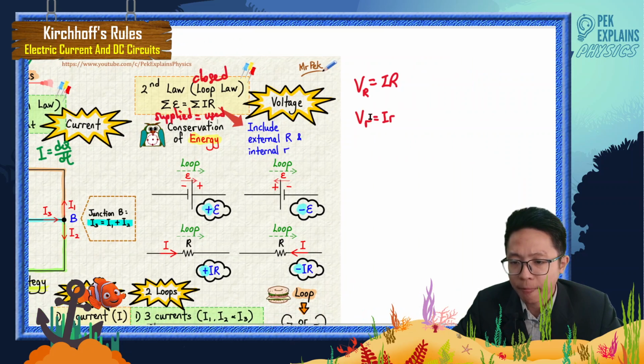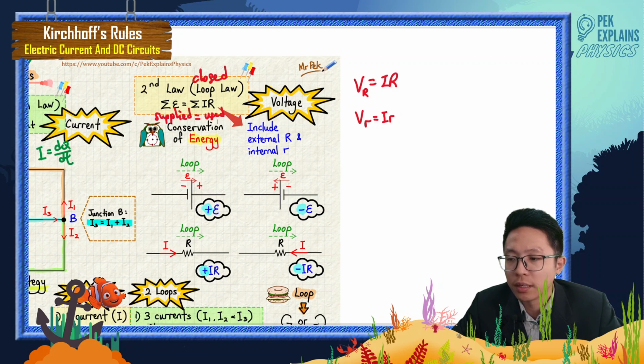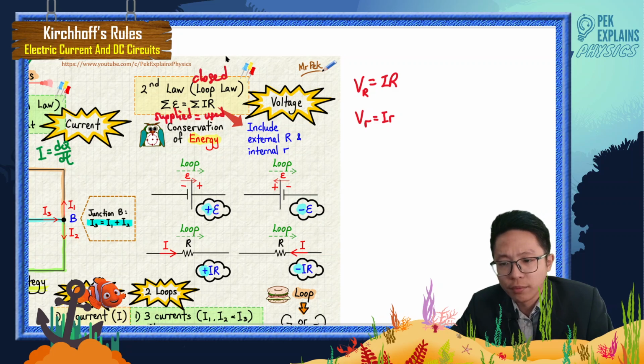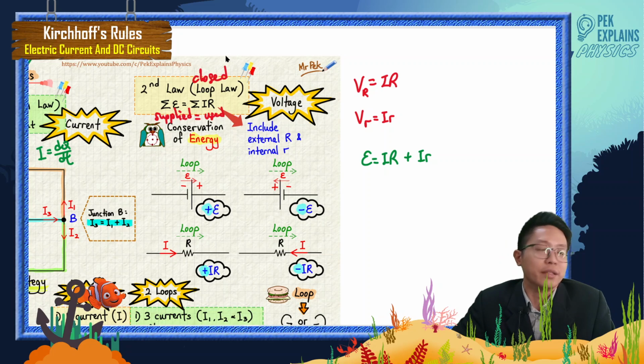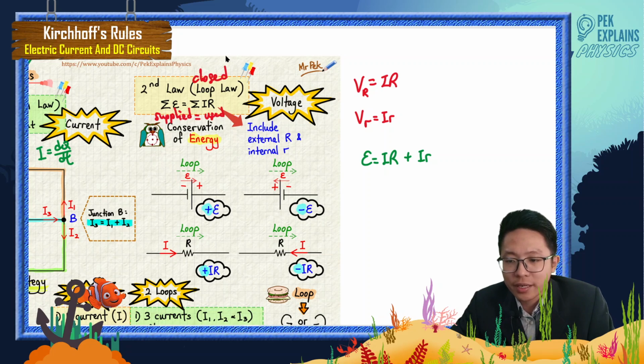In fact, this formula comes from the original formula, E equal to IR plus IR. Remember this? It's the same as this formula, Kirchhoff's second law, total EMF equal to total IR.